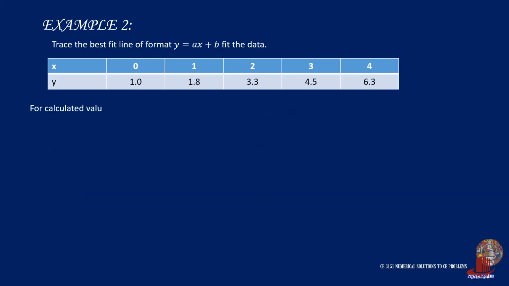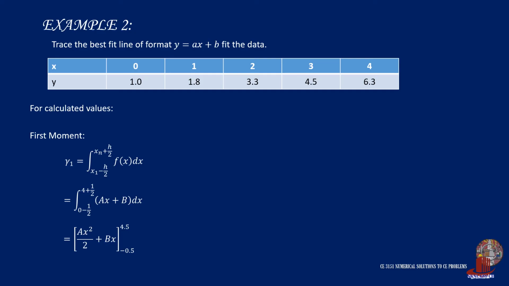For the theoretical values of sigmas, the procedure is similar for any example requiring best fit lines. The only things changing are the limits. In example 2, the upper limit is taken as 4.5 and the lower limit is negative 0.5. By plugging these values into the equations after integration, sigma 1 is taken as 10a plus 5b.